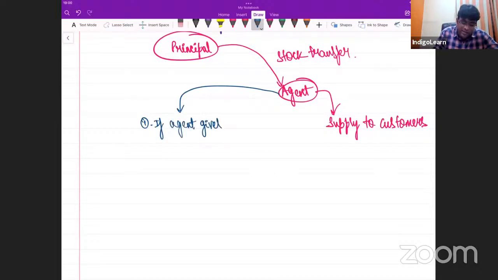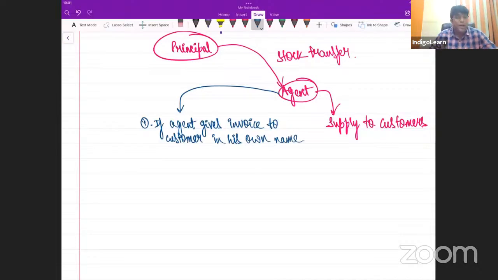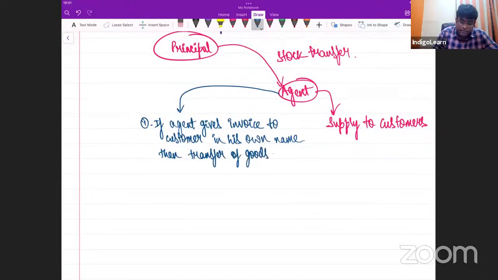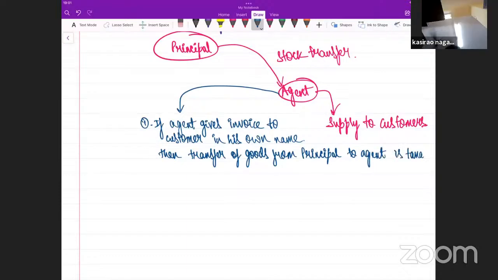if the agent gives an invoice to the customer in his own name, then transfer of goods from principal to agent is taxable.